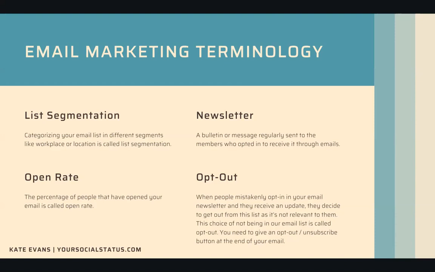So I offer real estate-based classes because I know that industry well. So I'll take my master list and then I'll create a real estate segment. I can say, please only send this specific email to people in my real estate segment only, because maybe I'm promoting a class to just realtors.